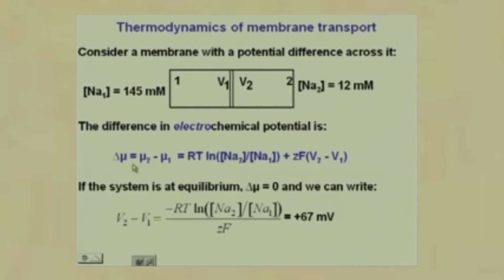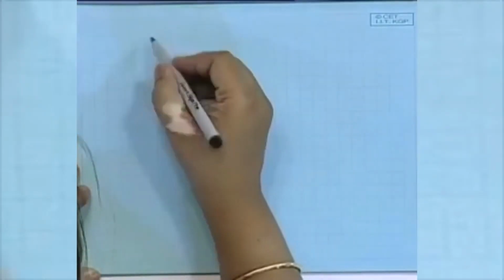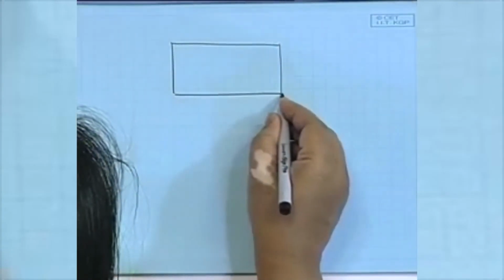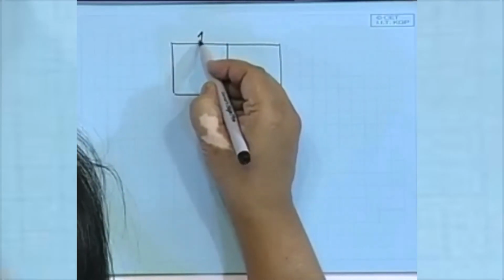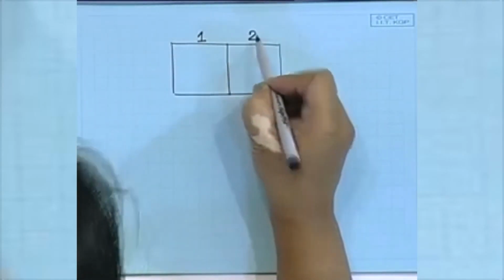Now, when I consider the delta mu, I also have to consider where I am. I am transferring from 1 to 2, right? So, let us go back to this just to make it clearer. Let us say I have my cell, and here I have chamber 1, here I have chamber 2.